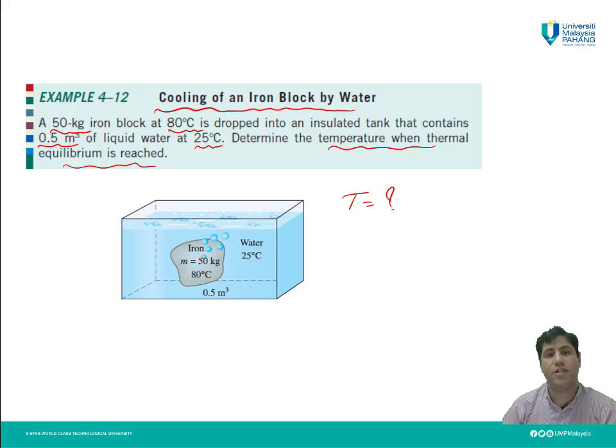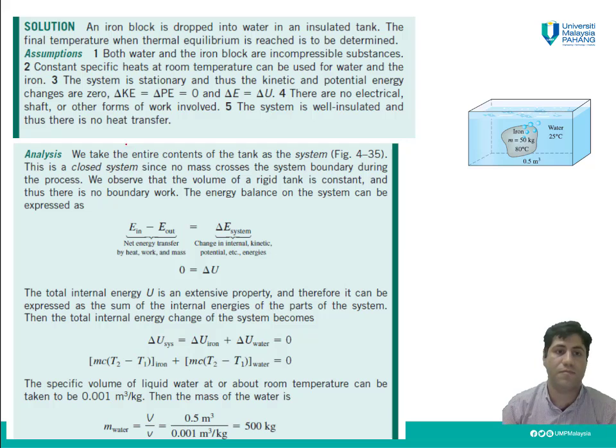Generally, heat will transfer from the substance at higher temperature to the substance at lower temperature. So thermal energy will transfer from iron to water until their temperatures are identical. In other words, the temperature will be less than 80 degrees Celsius and higher than 25 degrees Celsius. Let's see how much the identical temperature is for both of these substances.